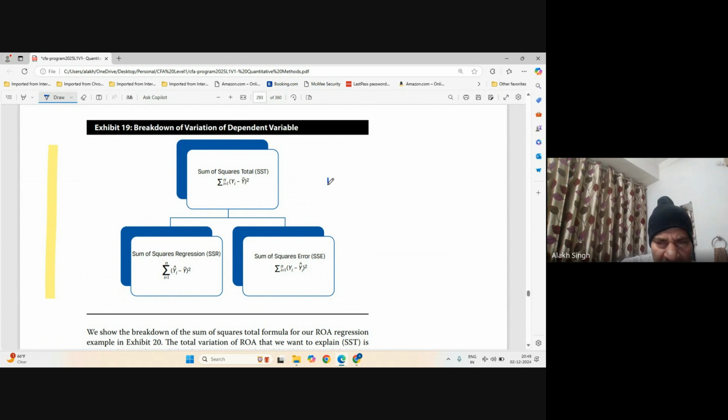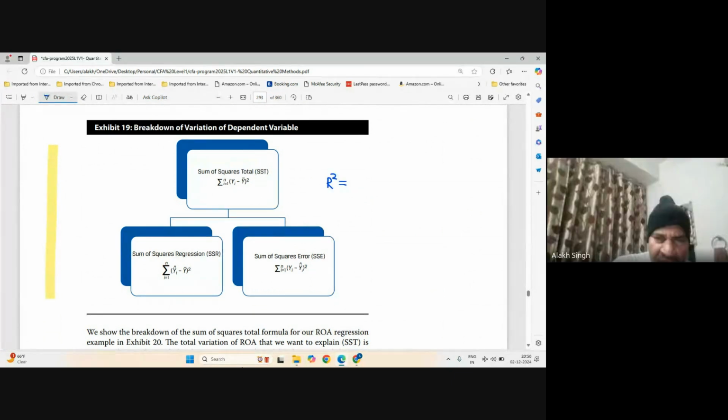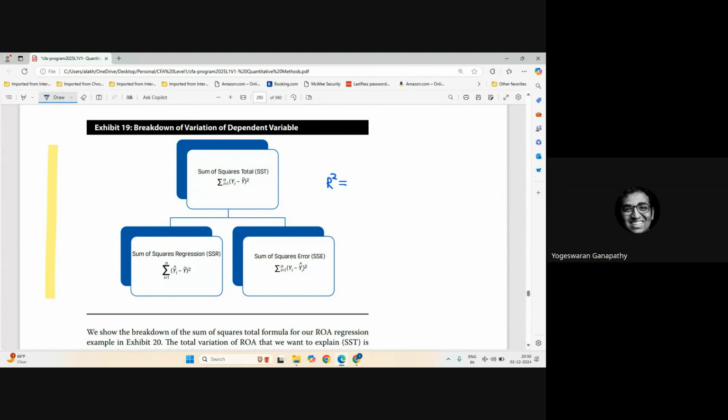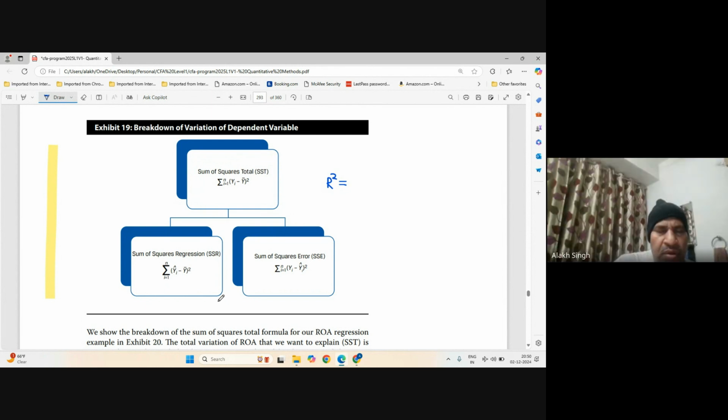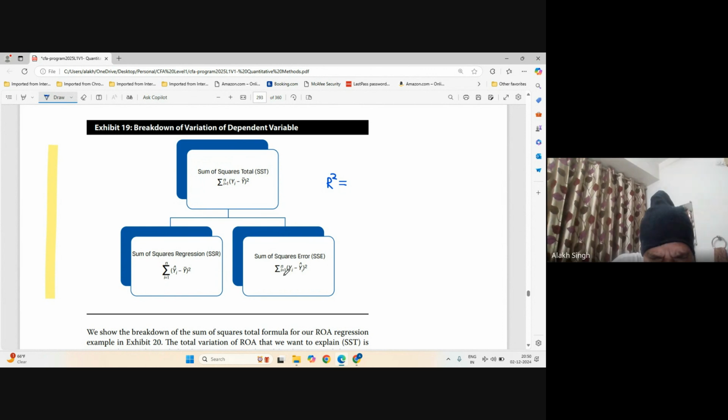Yi minus y cap square divided by yi minus y bar whole square.